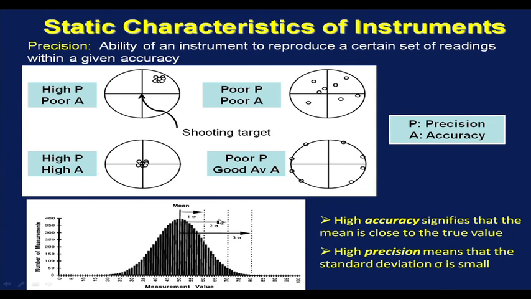So, high accuracy will signify that the mean of the measurements is close to the true value, while high precision will mean that there is less scatter. In other words, the standard deviation is low.